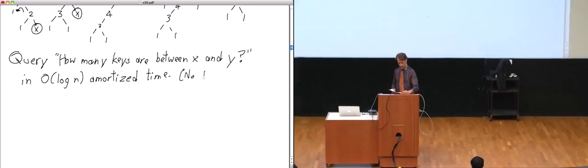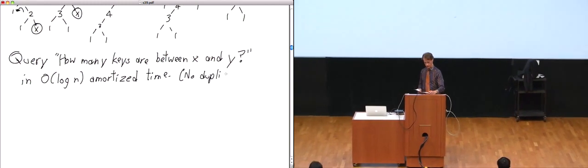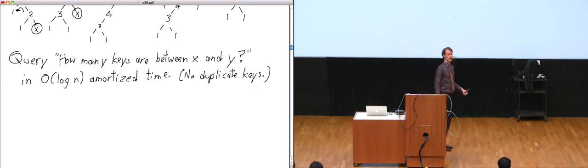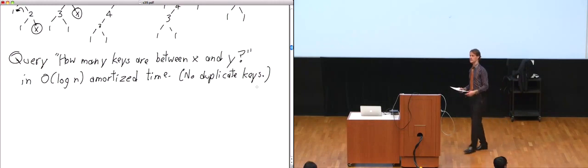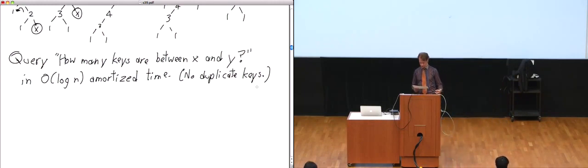Now, to keep it simple, I'm going to assume that there are no duplicate keys in the tree. That doesn't mean this trick can't be done if you have duplicate keys in the tree, but the trick is a lot easier to understand if there are no duplicate keys. So I'll just show the easy version. Here is our strategy.